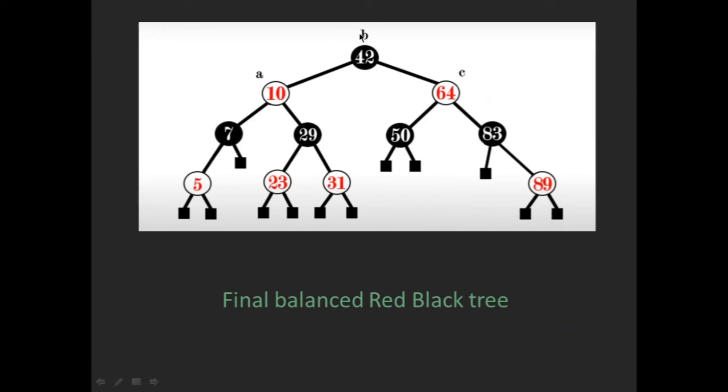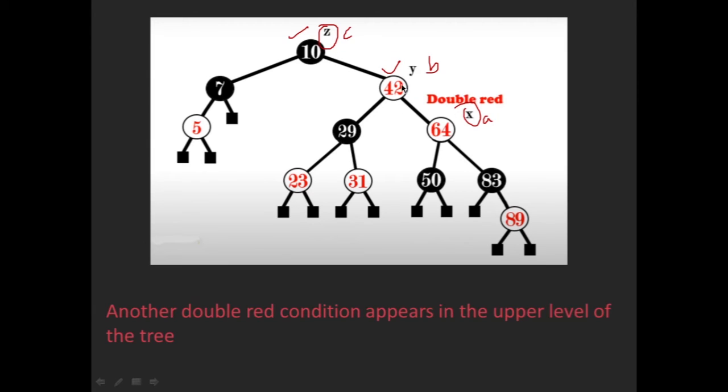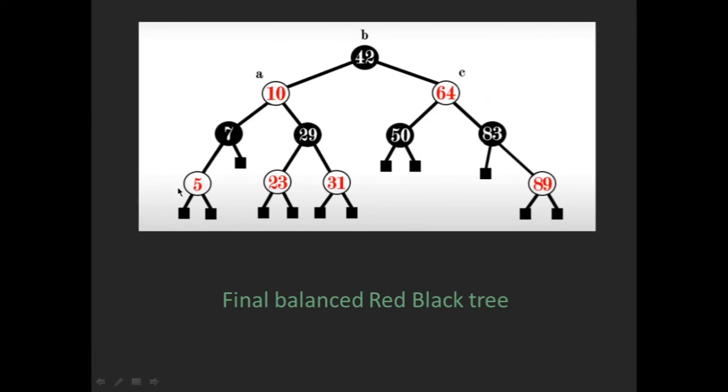So let us see the final tree. So this is getting replaced in tens place. A and C become the children of B, and the rest of the tree is not altered. Like the left of Z was this subtree, so that remains.